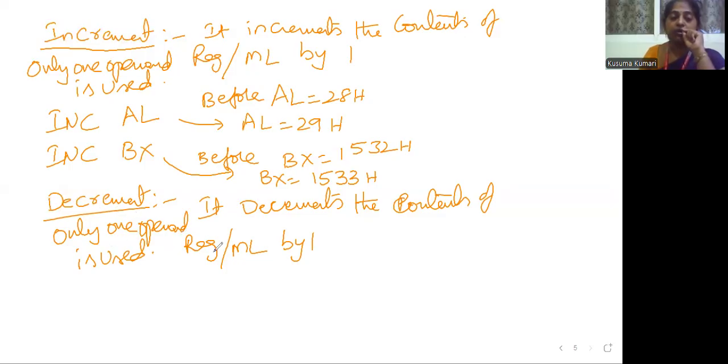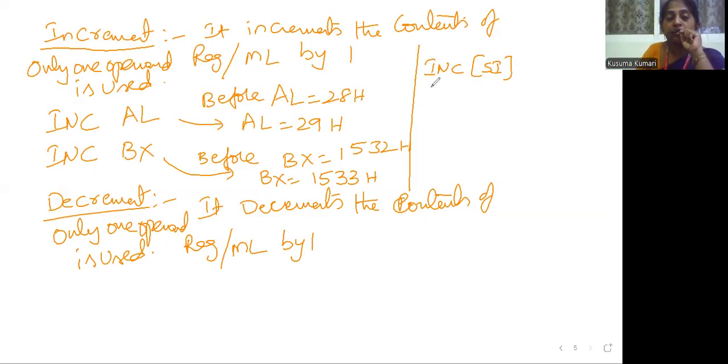Decrement decrements the contents of a register or memory location by 1. In this, memory location contents also can be used. For example, INC [SI]. That means the SI register represents the memory location, and that memory location's contents are incremented by 1.